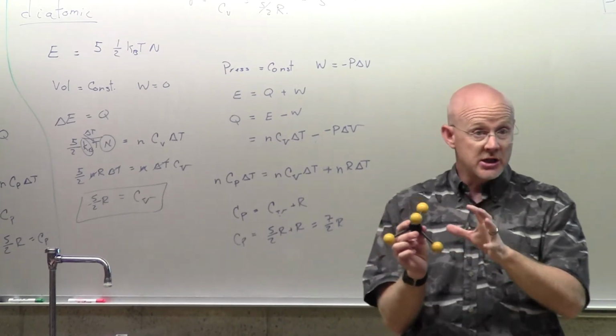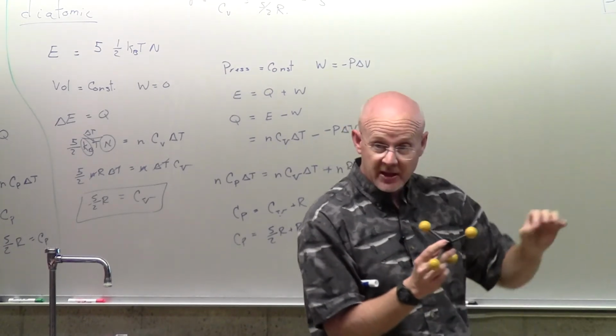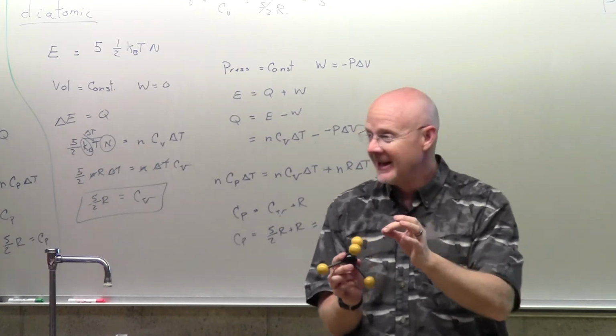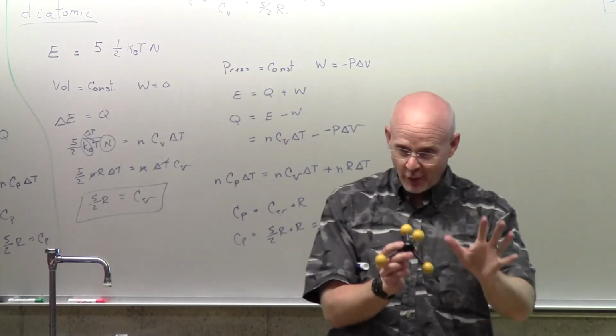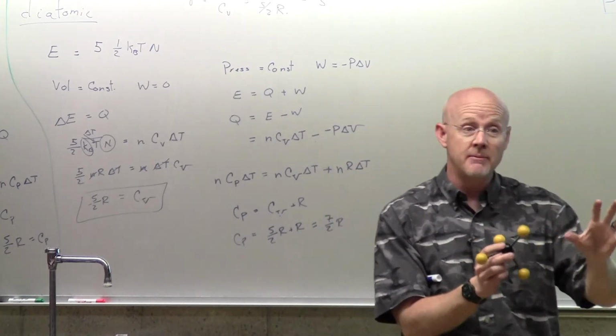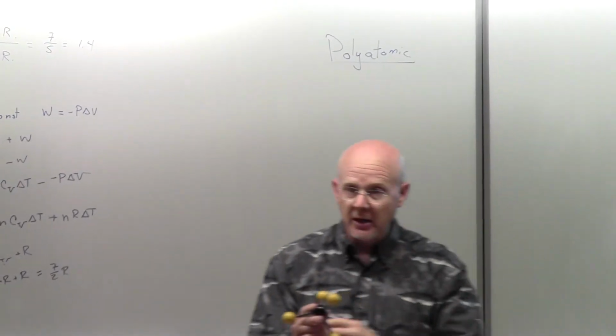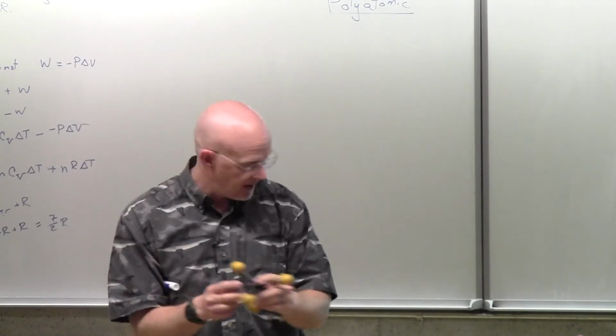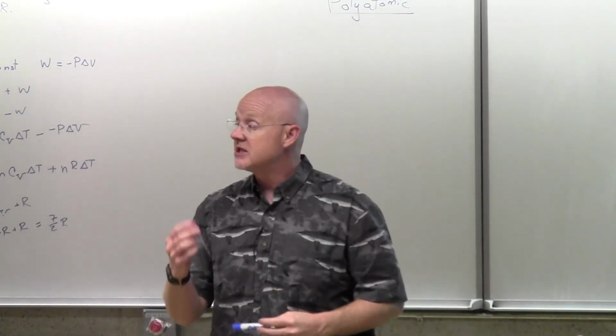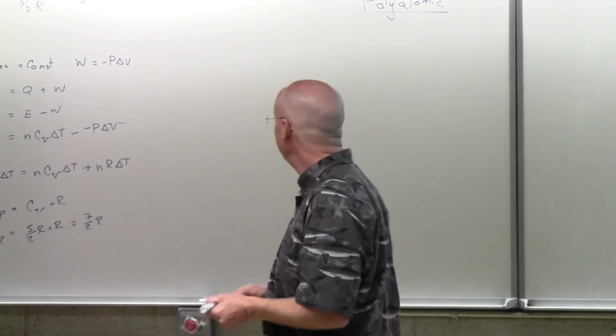And so, as you're going to see, our model becomes less perfect as we get more and more complicated things, more and more degrees of freedom, more places the energy can go. But eliminating all those other places, I would say I have 6 degrees of freedom.